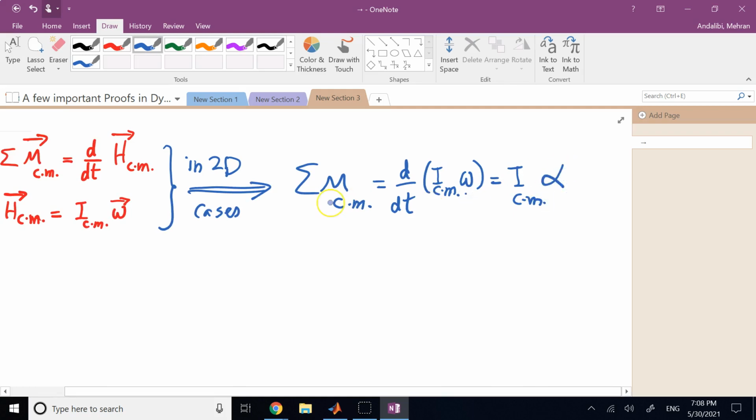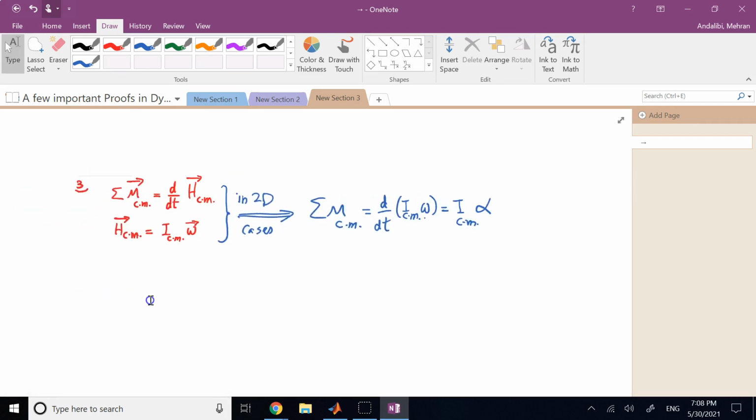And this is the equation that you use all the time when you solve 2D kinetics problems, right? This is one of your fundamental equations, one of the 3 important equations in 2D problems.